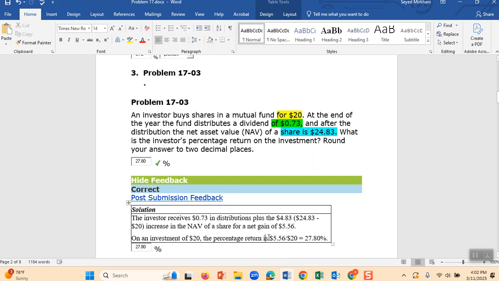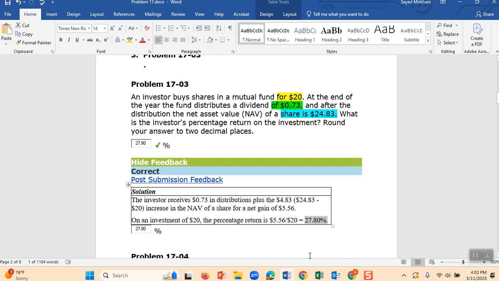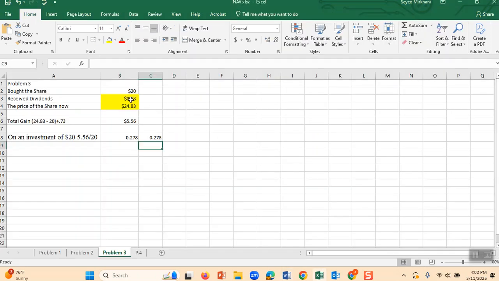You divide that by 20 to see what kind of return you had, and you get 27.80%. That's a significant growth, because if you had put your money in Burke and Herbert Bank or Citibank, they might have given you 1%. Here you have got 27.8%. And therefore, I put this one in Excel as well. Do you see that's your initial money, 73 cents?